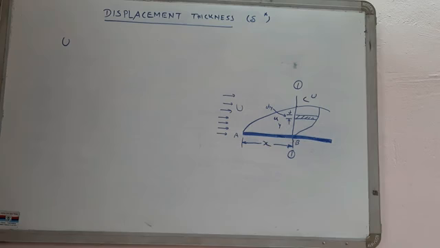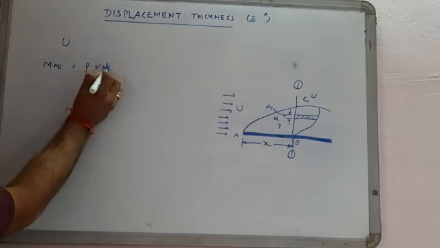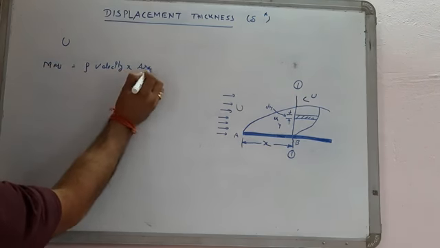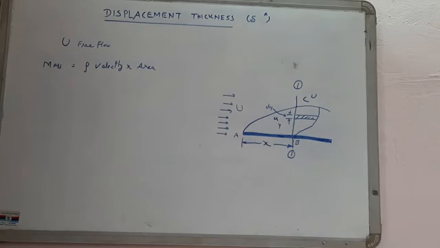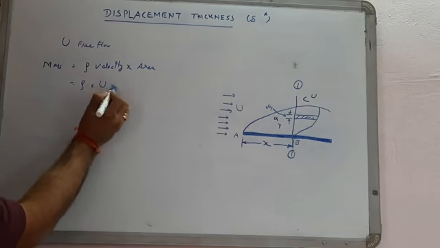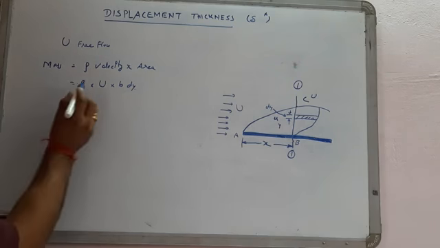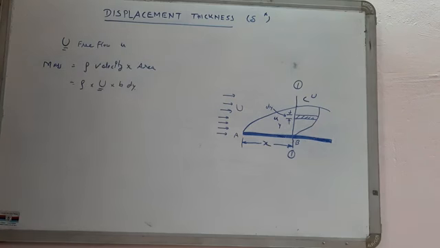Then the mass flowing per second through the elemental strip would have been rho into velocity into area, that is rho U b dy, for free flow. Here capital U is more than small u.